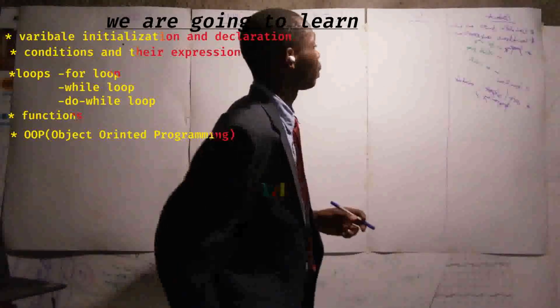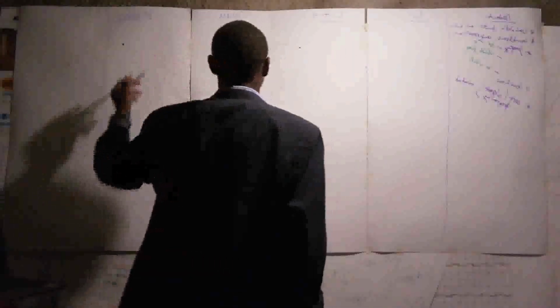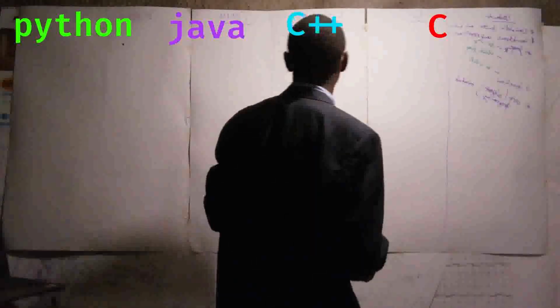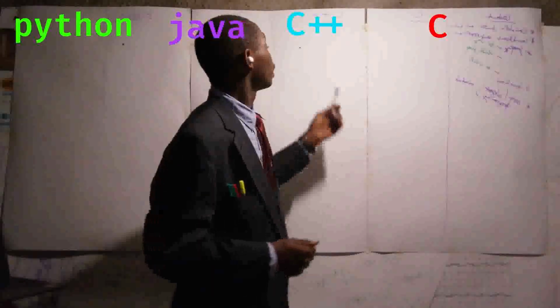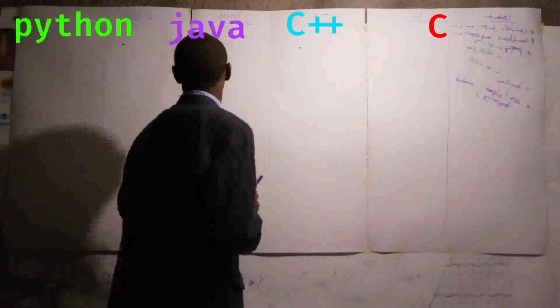So we're going to start with how variables are initialized and declared in C, C++, Java and Python. Python is a scripting language, while C is a structured language. C++ is an object-oriented language, and so is Java.